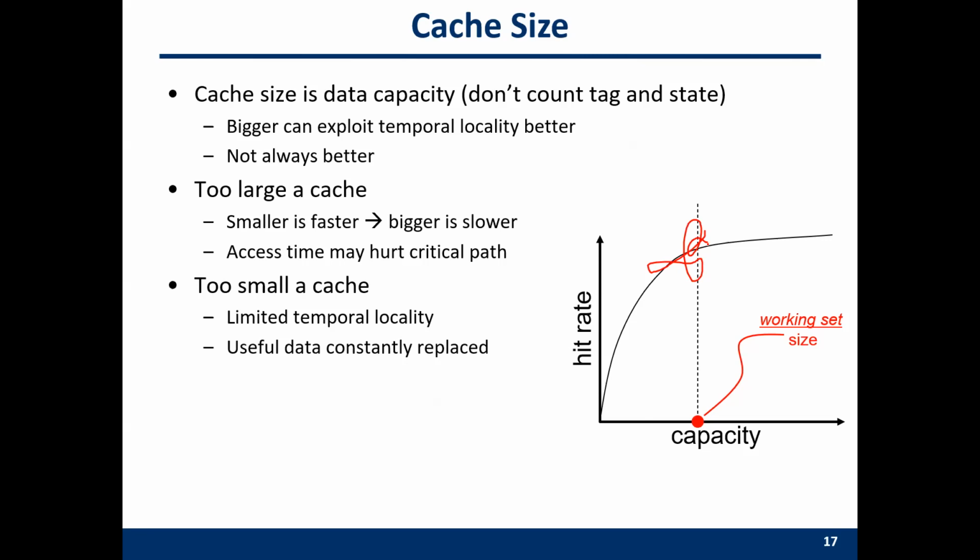This is because the cache is now larger than your application's working set size. Further increasing the capacity does not help much. But if your cache size is smaller than the working set size, then the hit rate significantly decreases.